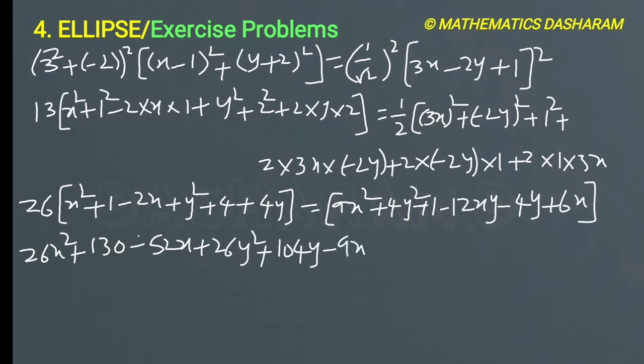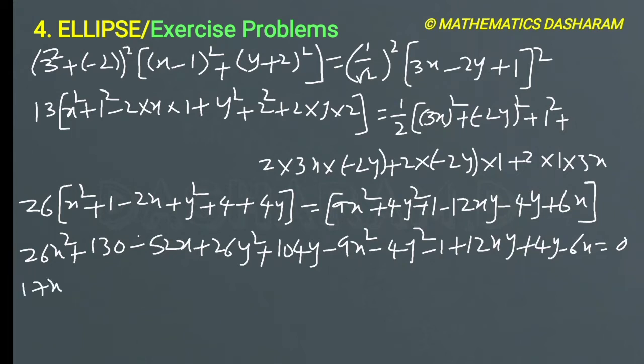Minus 9x square minus 4y square minus 1 plus 12xy plus 4y minus 6x equals 0. 26x square minus 9x square is 17x square. 26y square minus 4y square equals 22y square.